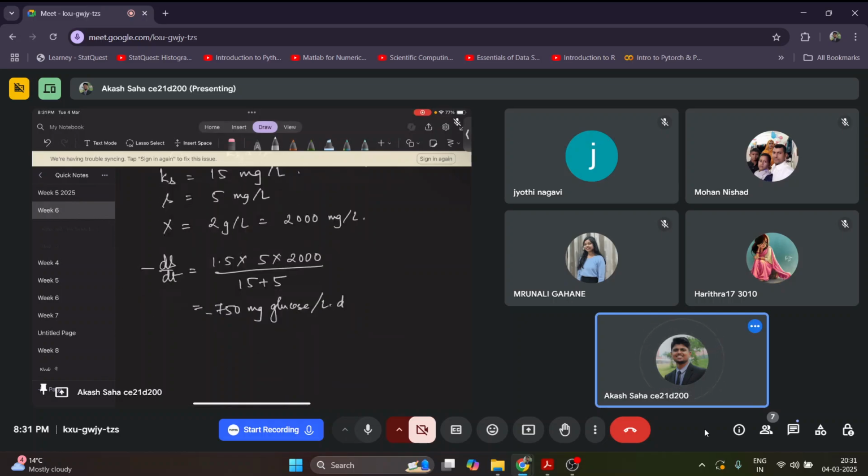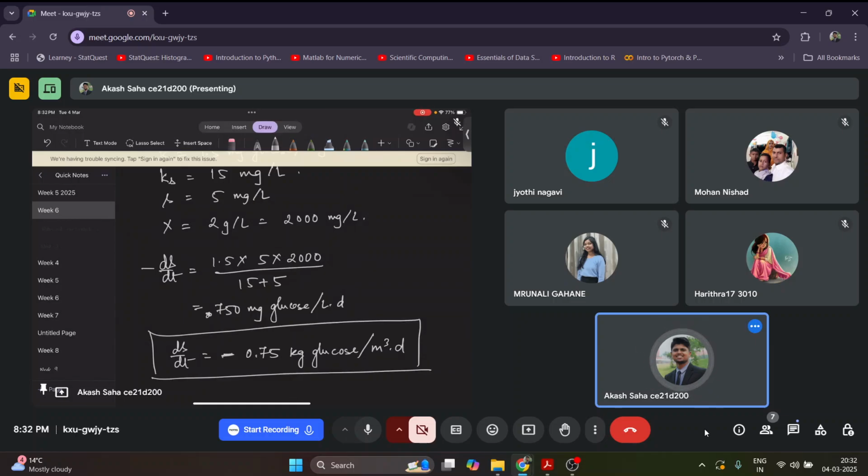So my dS by dt finally is minus 0.75 kg glucose per day. So I just changed the unit, and this negative sign is just because the substrate is getting utilized, so it is decreasing in the system. So minus sign.